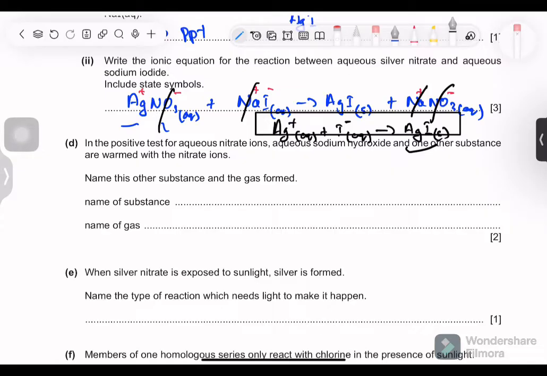With aluminum foil. So aluminum is a substance which is heated with sodium hydroxide and the nitrate ions. The gas formed as a result is obviously ammonia. So this is the positive test for nitrate ions, which is given in your syllabus as well.